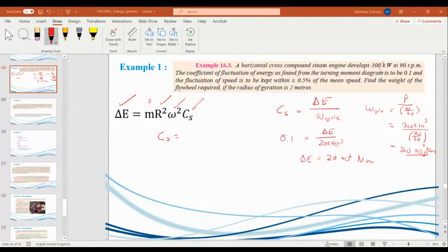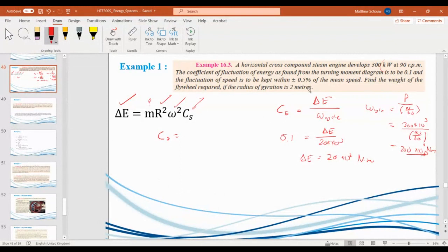So guys, if you ever see a plus minus in terms of your fluctuation of speed, it's not your CS, it's essentially 1%. What it's saying is that if this is your mean speed, I'll just explain it more clearly. This is 0.5 plus and 0.5 minus, so the speed will fluctuate 0.5 above and 0.5 below, and it can only fluctuate by 1%.